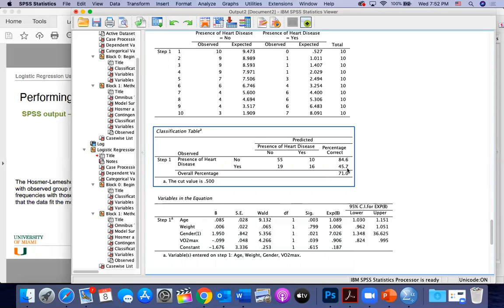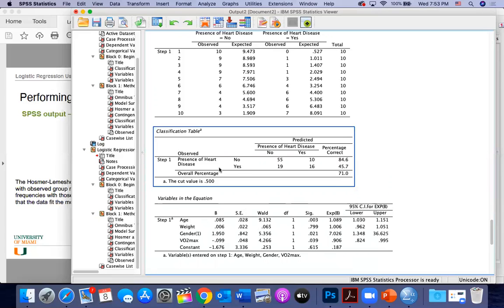So we look at the percentage correct column in the yes row of the observed. So this is referred to as the sensitivity.